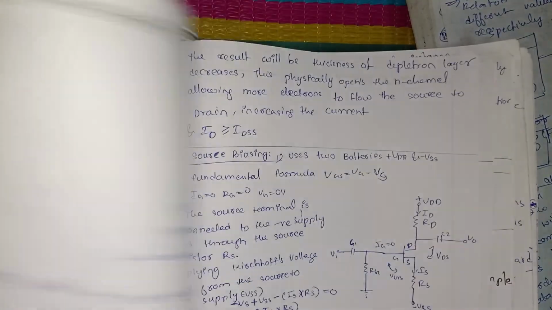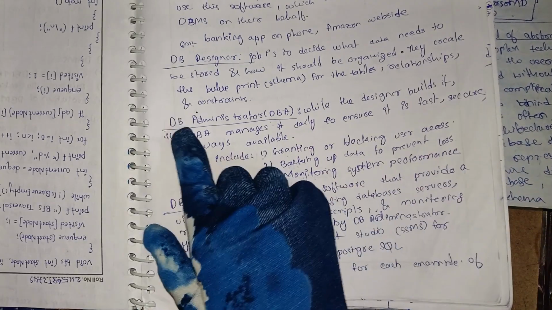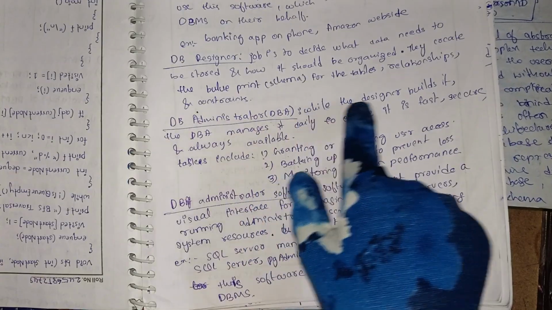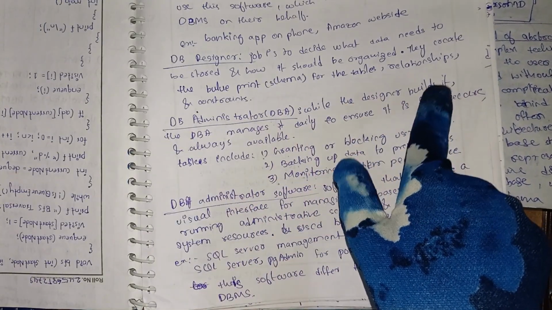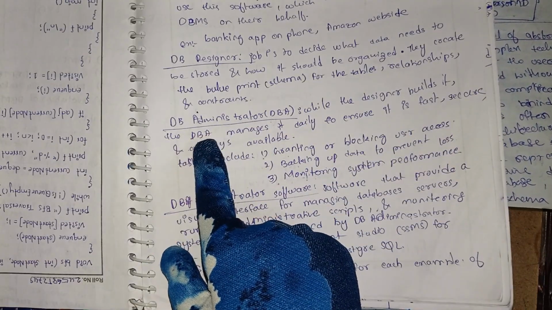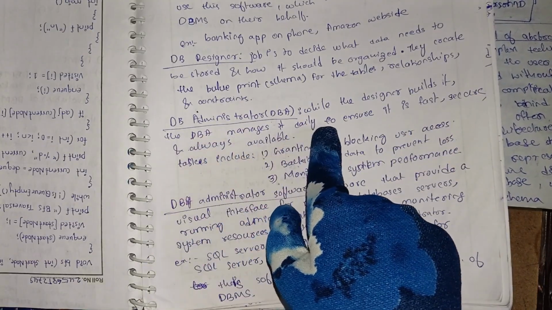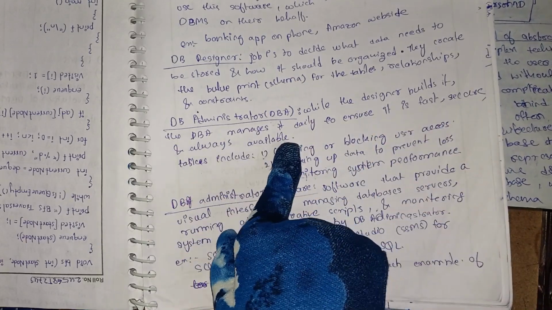The DBA, database administrator, manages the database daily to ensure it is fast, secure and always available, while the designer builds it.